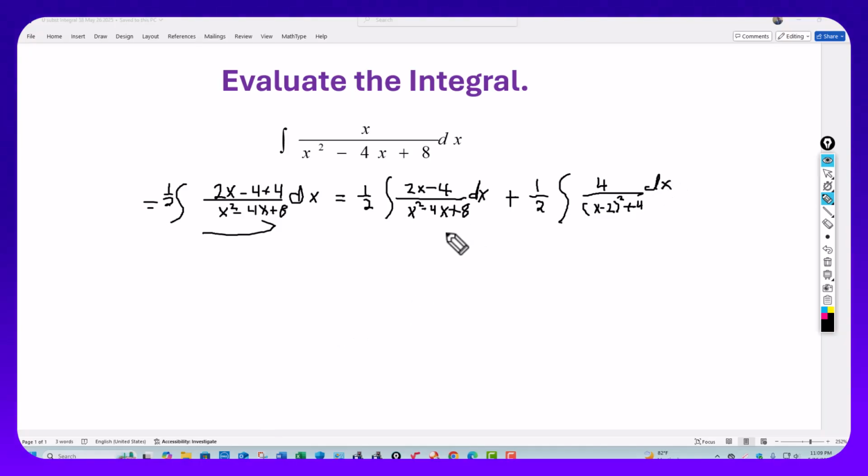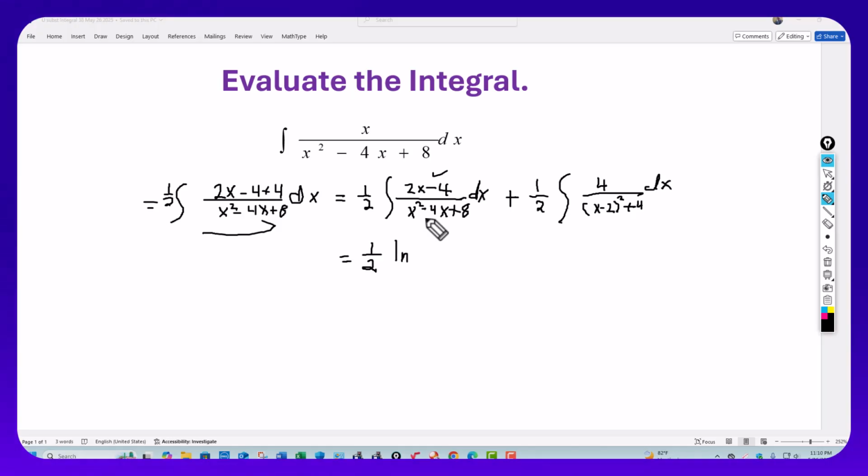Now these are easy to integrate, because notice for this one, x squared minus 4x plus 8, the derivative of this denominator is 2x minus 4. Exactly what I have up there. So if I let u equal x squared minus 4x plus 8, then du will be this right there. So I hope you can see that the integral for that first one is going to be 1/2 times the ln of the absolute value of the denominator.